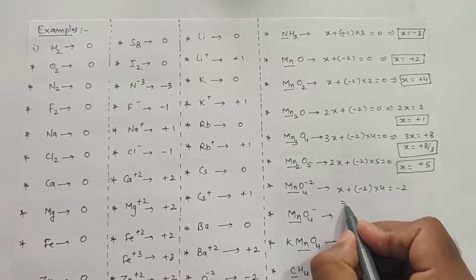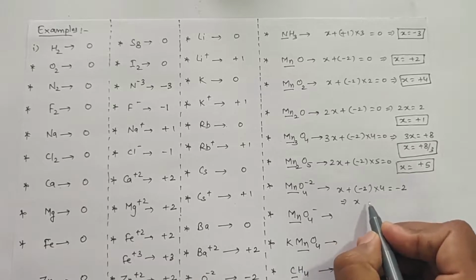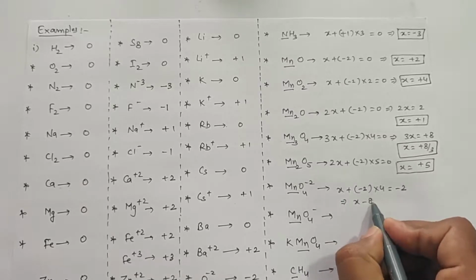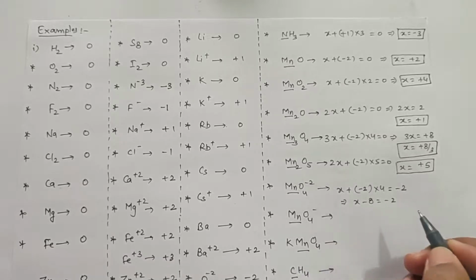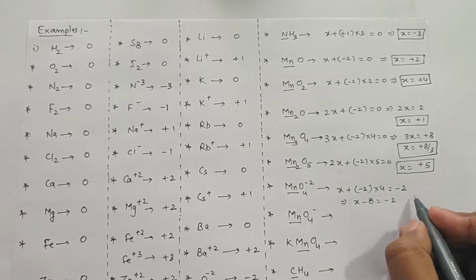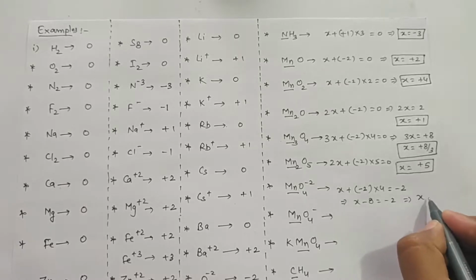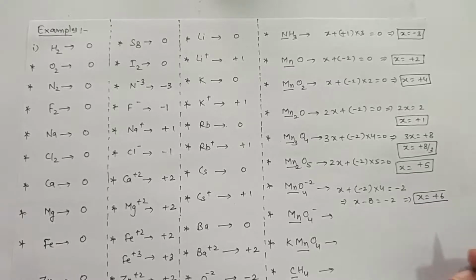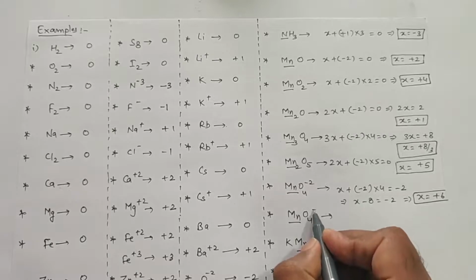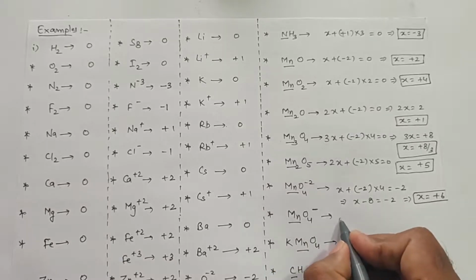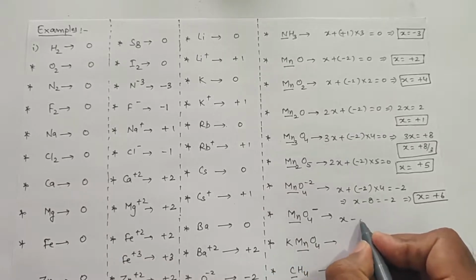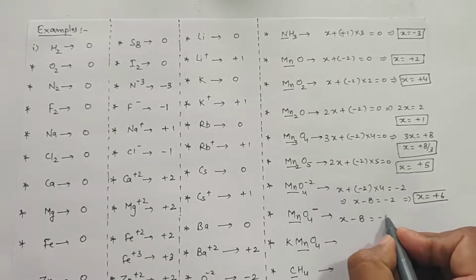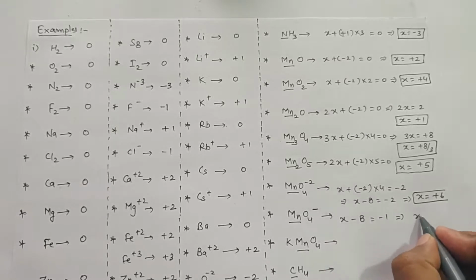It will give x minus 8 equals minus 2. Hence x equals plus 6. For MnO4 minus, x minus 8 equals minus 1. It will give x equals plus 7.